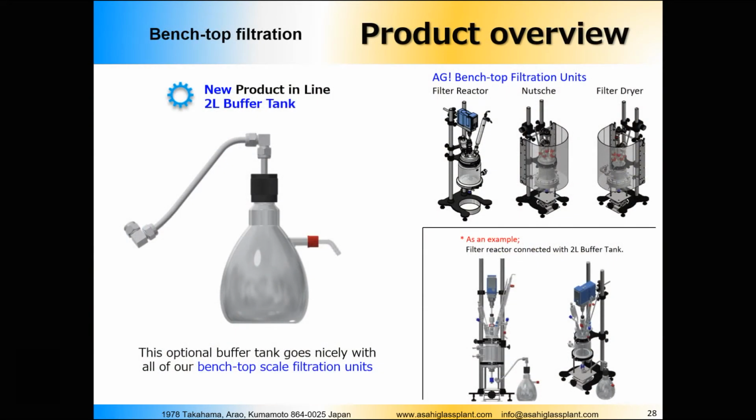Additional accessories. This is something that not everyone thinks of, but again, this is something that is really important, and that's the receiving vessel. Asahi has a receiving vessel with a volume of 2 liters, and it is very important that all the connections that we have here are made of PFA or PTFE, which makes this design absolutely chemical resistant.